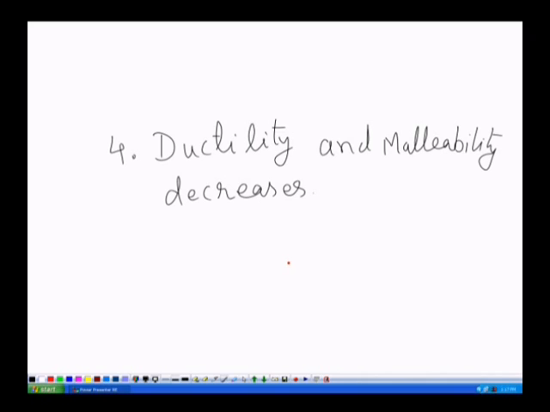So, these are the four drawbacks generally we are getting, or these are the disadvantages of cold working.